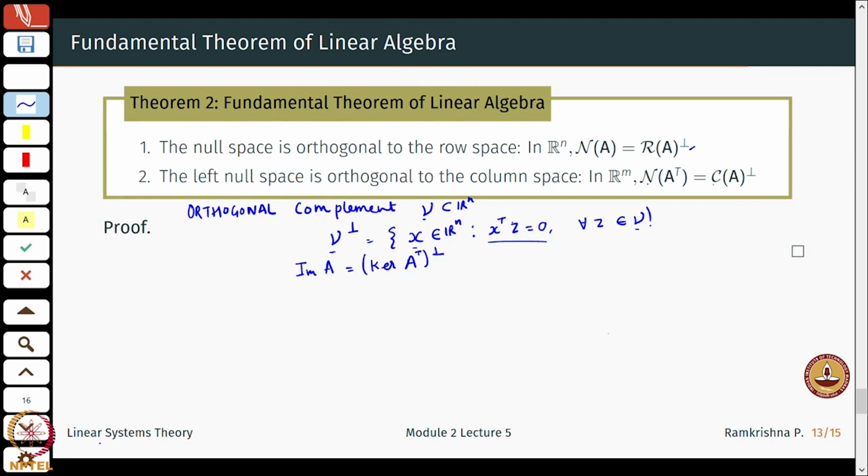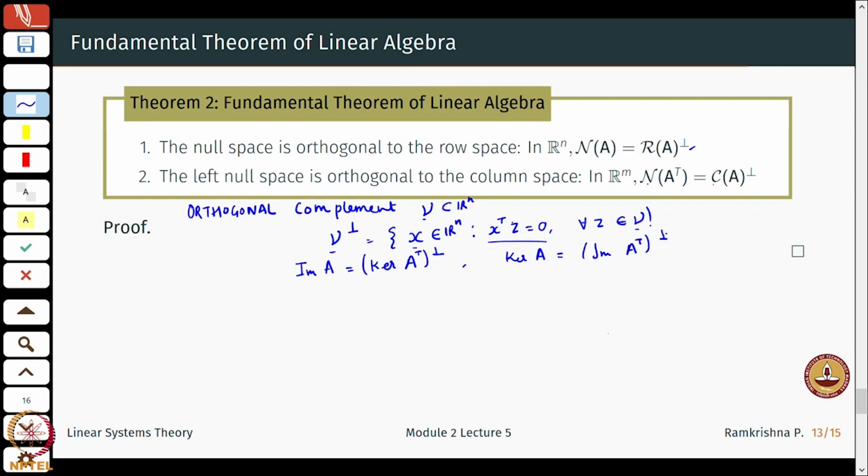Similarly, the kernel of A is the orthogonal complement of the image of A transpose.